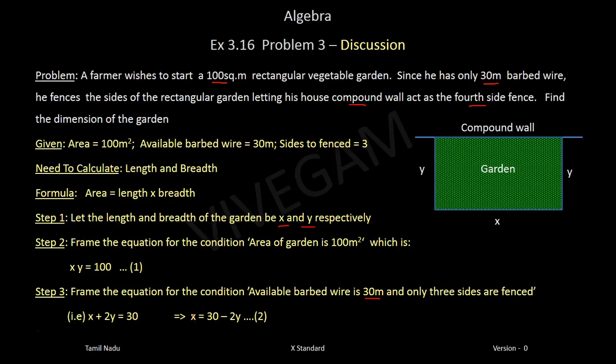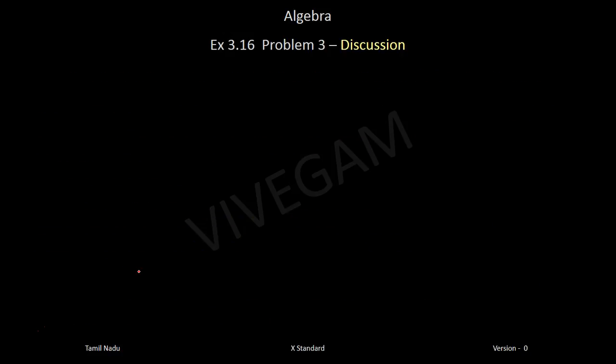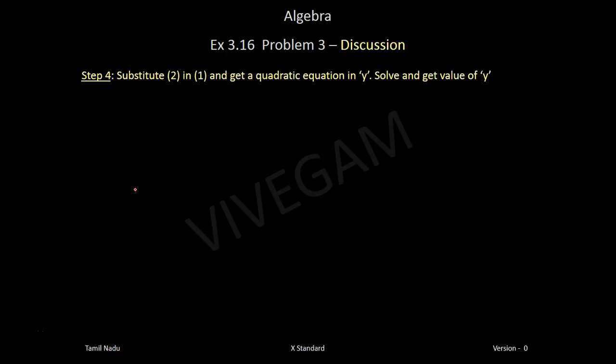You can substitute this x in equation 1. So substituting equation 2 in 1, you will get a quadratic equation in y. Solve and get the value of y. Once you get the value of y, substitute it in equation 2, which is x equal to 30 minus 2y, and calculate x. Now you'll have both the length and the breadth of the rectangle.